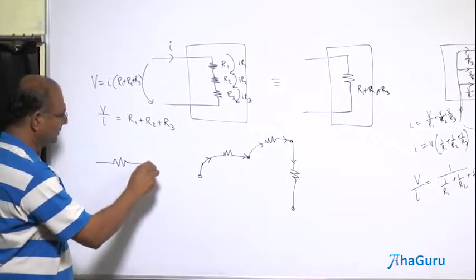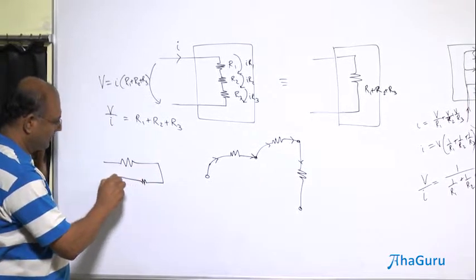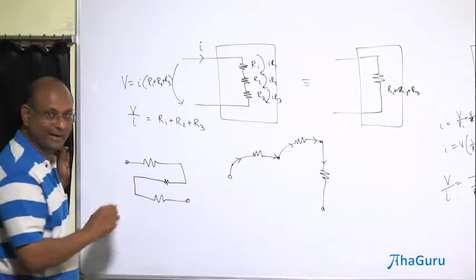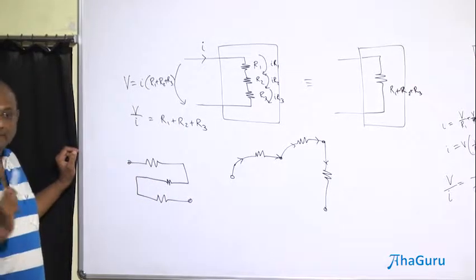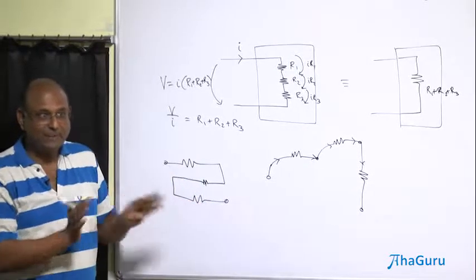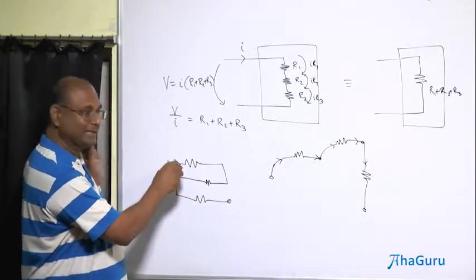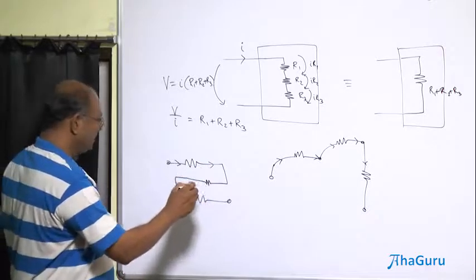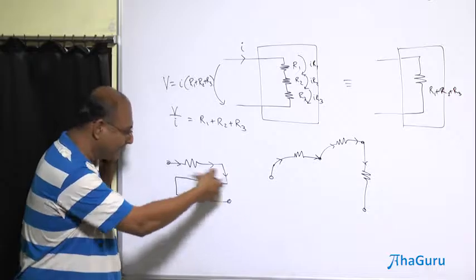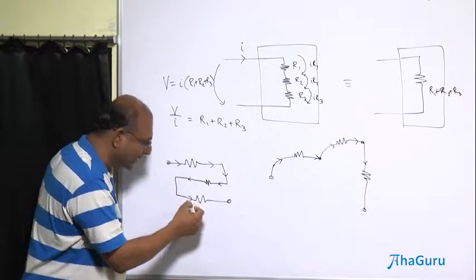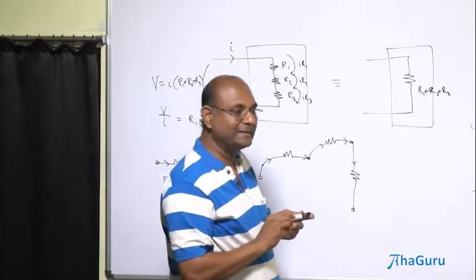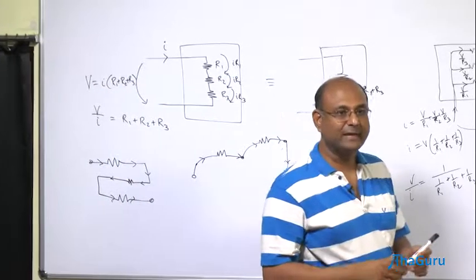What about this? Is it in series or parallel? Series. This is still in series. It may look like it is in parallel, but that doesn't make it parallel. Because what enters gets out and comes this way, goes here, enters this, fully goes there. There is no branching. So what makes something series is the fact that there is no branching.